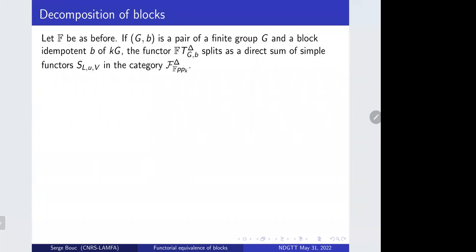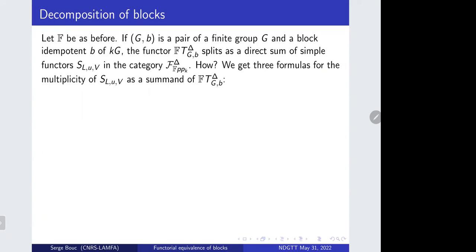So it means that this functor associated to the pair (G,B) splits as a direct sum of simple functors S_{L,U,V} in that category of functors. And the question is how? In other words, can we have an idea of the multiplicity of a given simple functor as a summand of the functor associated to this pair (G,B)? Can we have formulas for that?